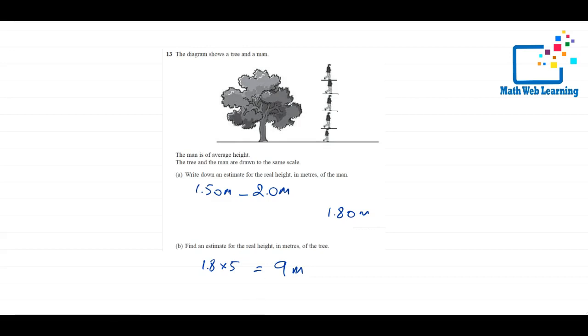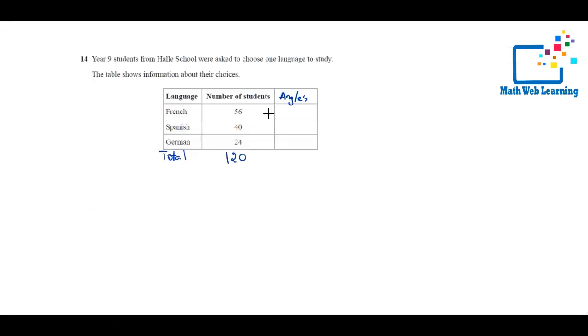Next question is question 14. Right guys, question 14 is a question on pie charts. The first thing we need to do before drawing the pie chart is calculate the angles which go in it. Before we calculate the angles, we need to work out the total number of students, which is already done here. You can see the total number is 120.